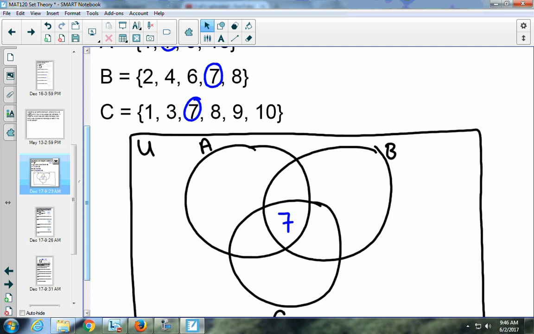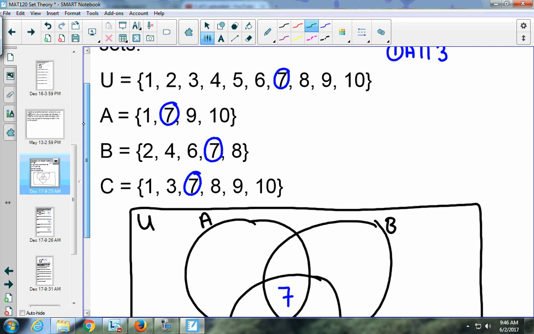The next thing I'm going to do, if I am working from the inside out, is fill in the sections where two circles overlap, or two sets overlap. It does not matter the order that you do them, as long as you do all three.